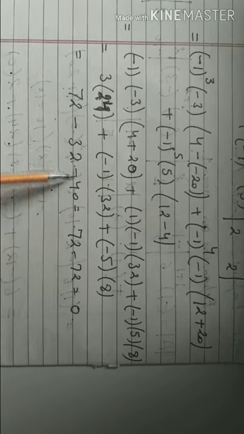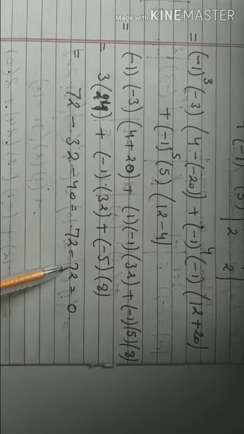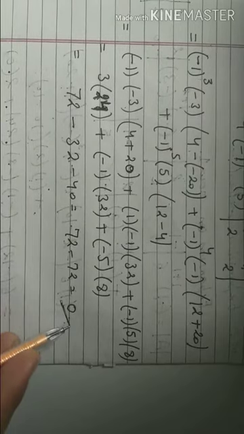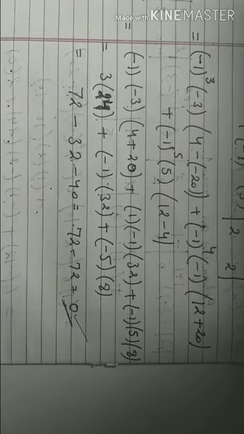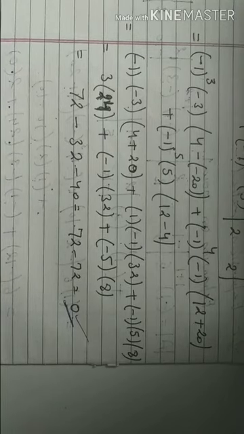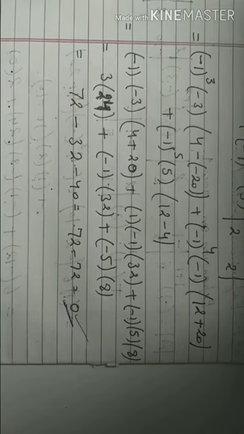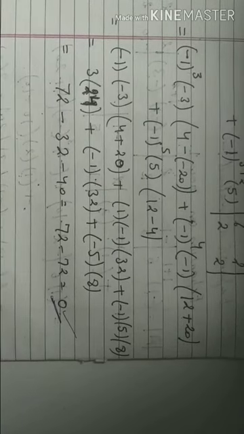Then 72, -32, -40 is equal to -72, and 72 -72 is equal to 0. So we get the same answer when we apply the expansion on column 2. Clear? Whether we apply it on a single row or a single column, we get the same answer. Thanks.